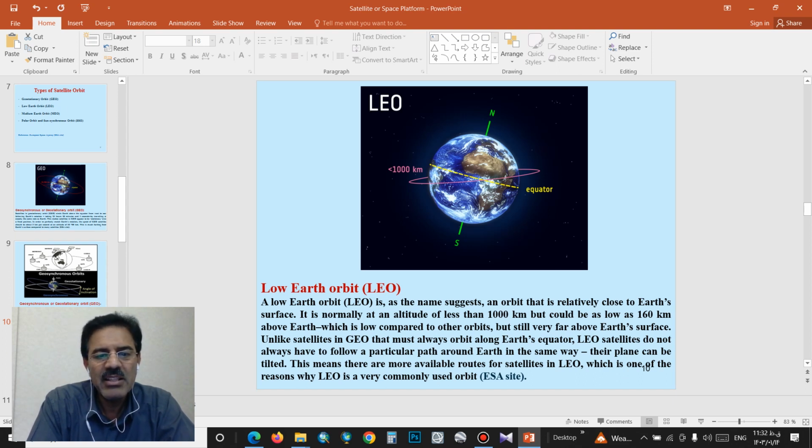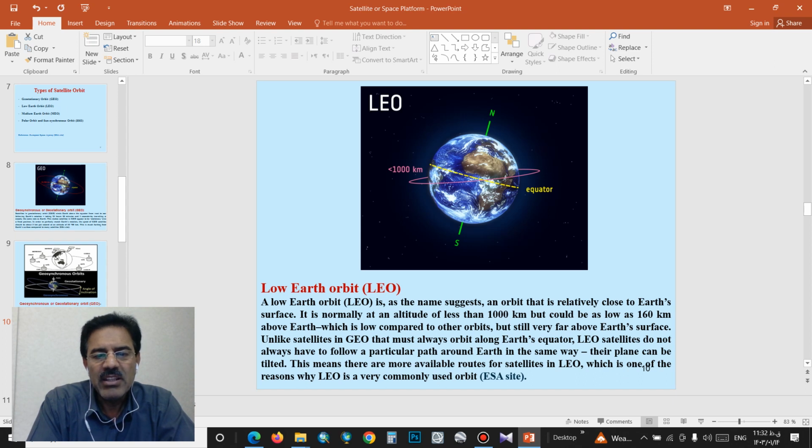Unlike satellites in GEO that must always orbit along Earth's equator, LEO satellites do not always have to follow a particular path around Earth, in the same way a plane can be tilted.